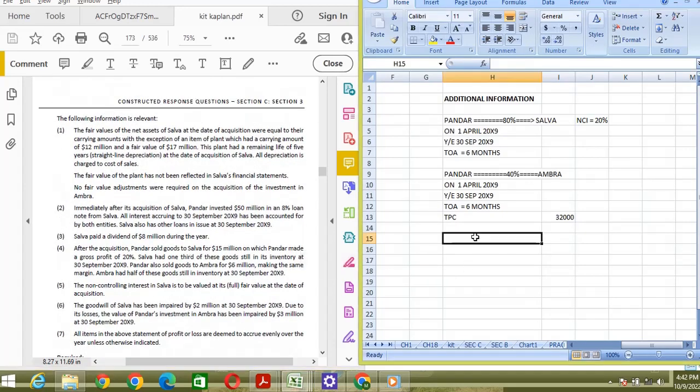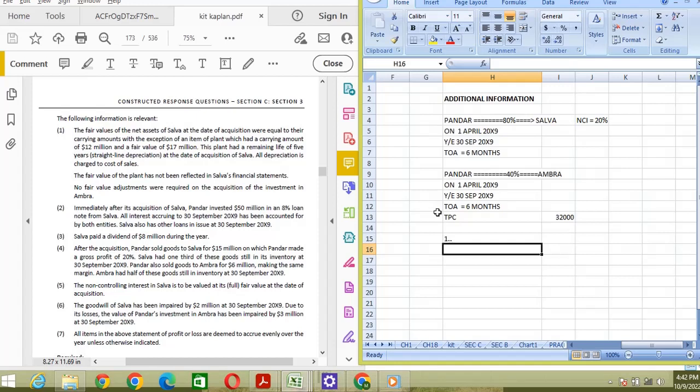The first item: the fair value of net assets of Salva at the date of acquisition were equal to their carrying amount, with the exception of an item of plant which had a carrying amount of 12 million and a fair value of 17 million. It means a fair value adjustment of plant. Its value is now 17 million, so 17,000, but we have recorded it at its carrying amount of 12 million, which means 12,000.